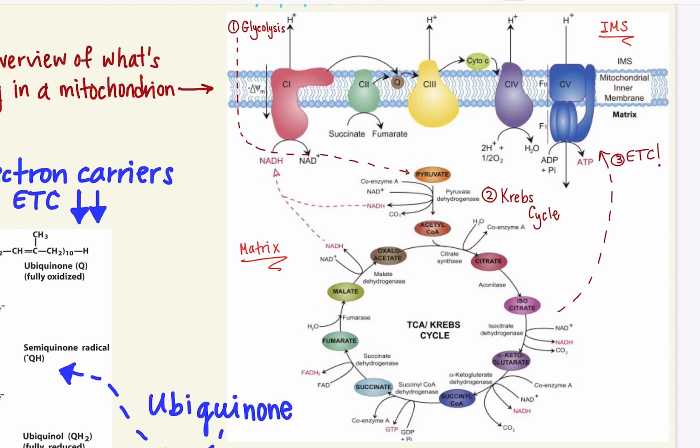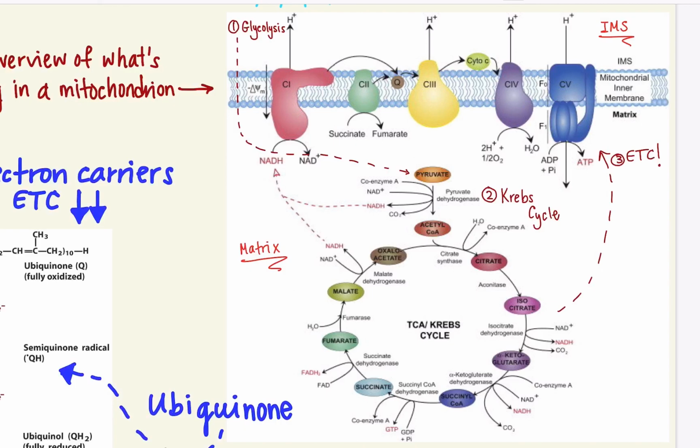Not pictured, there is also an outer membrane. The space between that outer membrane and the inner membrane is called the intermembrane space. And the space inside of the inner membrane is called the matrix.